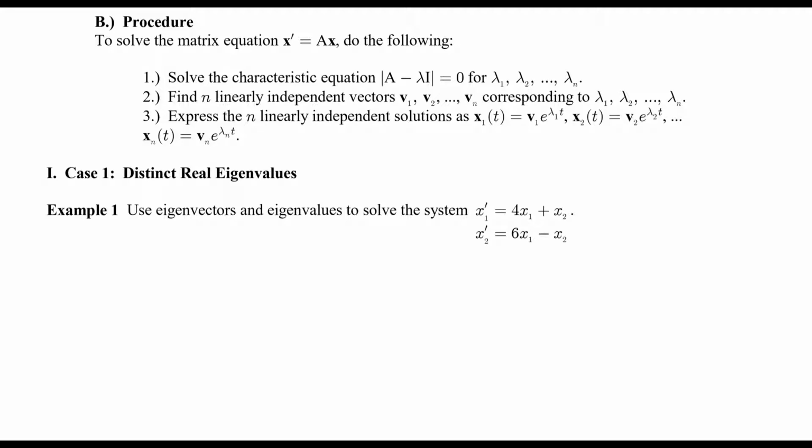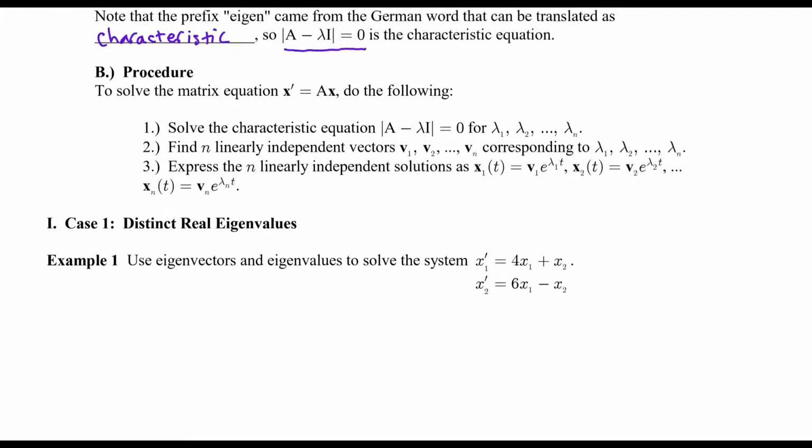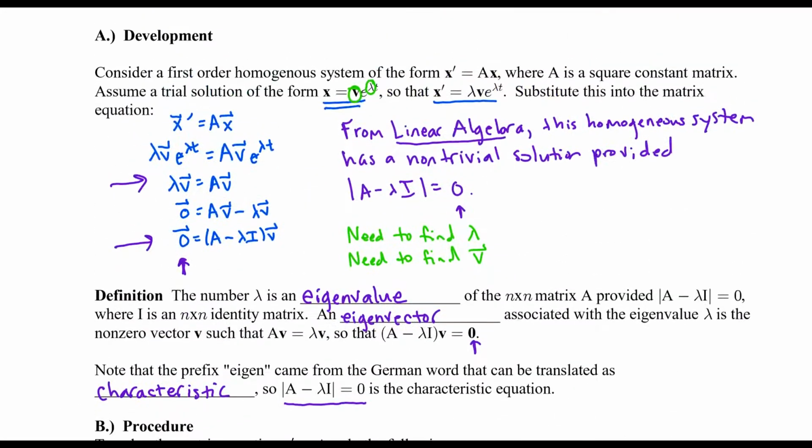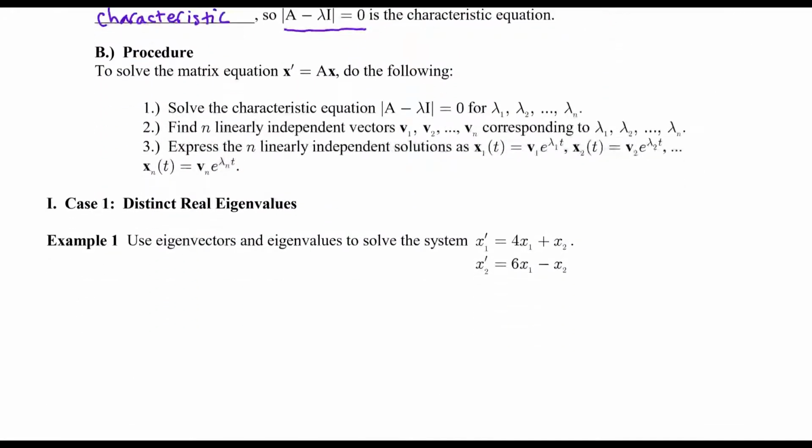So each eigenvalue will have a corresponding eigenvector. Number 3, express the n linearly independent solutions as x sub 1 equals v1 e to the lambda 1 t, x sub 2 equals v2 e to the lambda 2 t, and so on. That comes back to the assumption of the form of our solution. So we're just putting it all together.